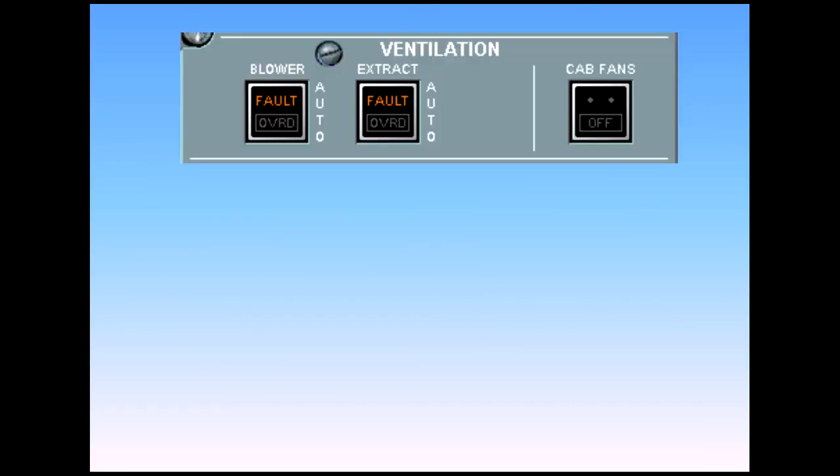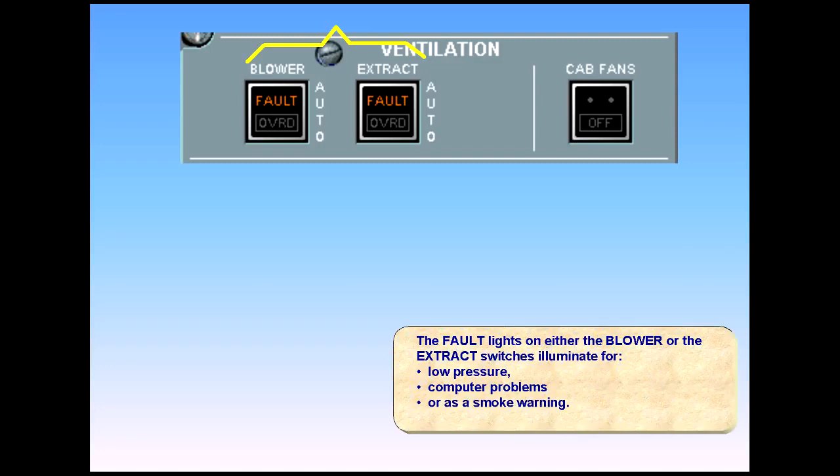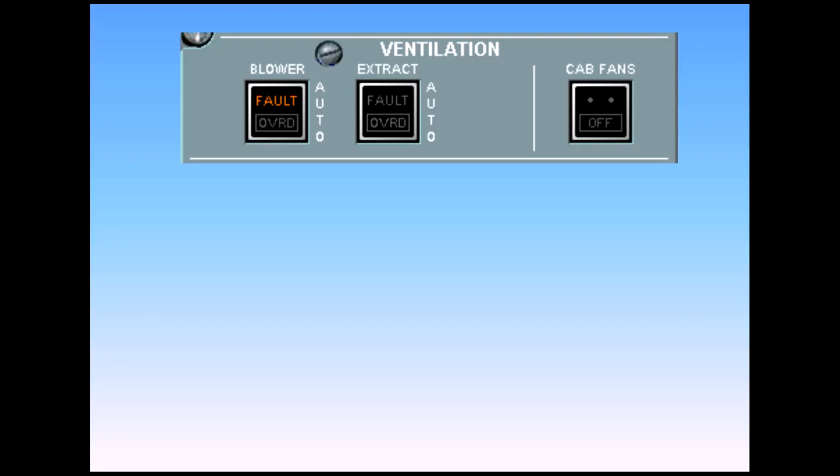The fault lights on either the blower or the extract switches illuminate for low pressure, computer problems, or as a smoke warning. In addition, the blower fault light illuminates as a warning of a duct overheat.